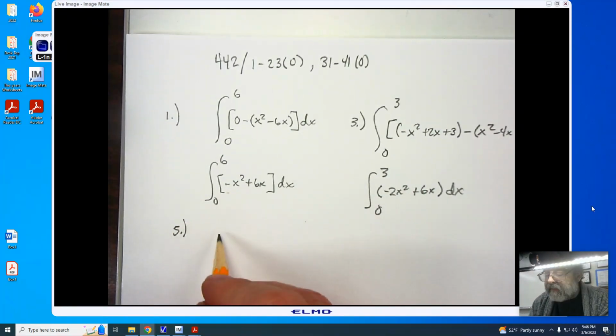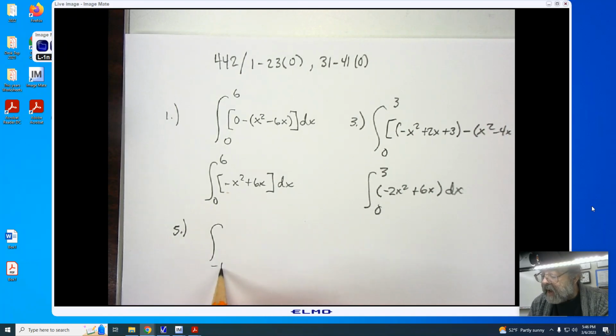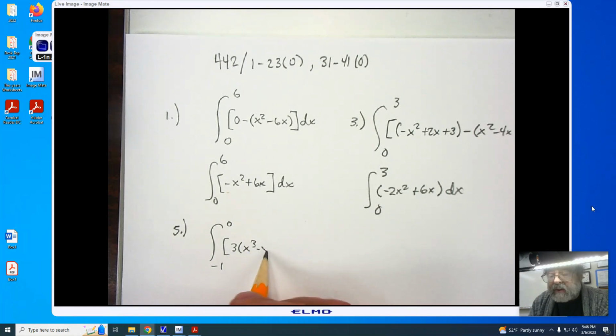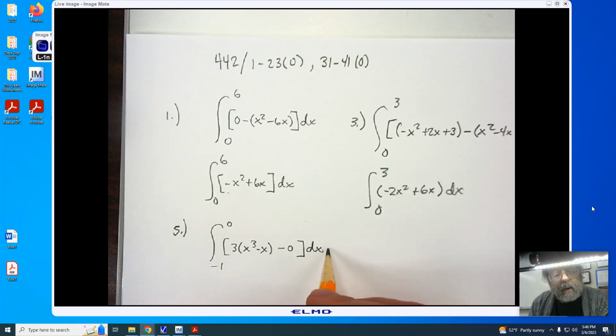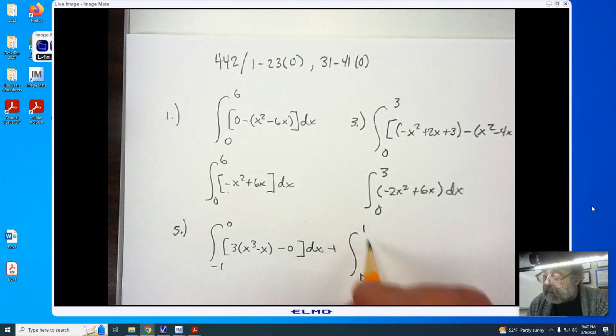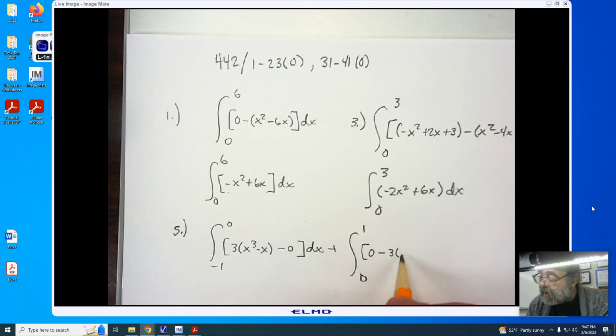So we're looking at the first one, the integration from negative 1 to 0. And I have the 3 times x cubed minus x, minus 0, dx. And I'm adding to it the integration from 0 to 1. This time, it's now reversed. So I have 0 minus 3 times x cubed minus x dx.